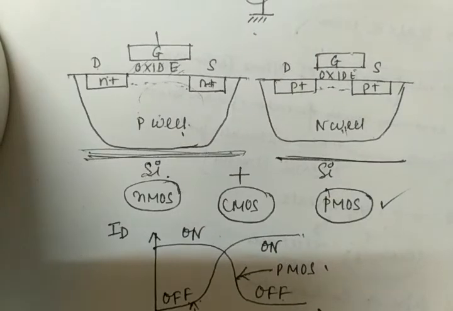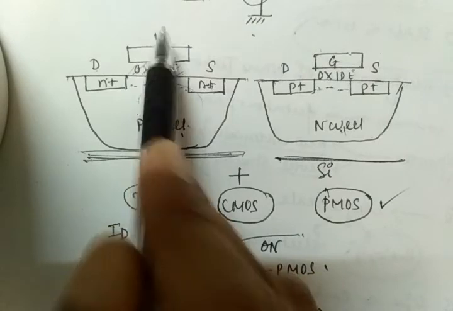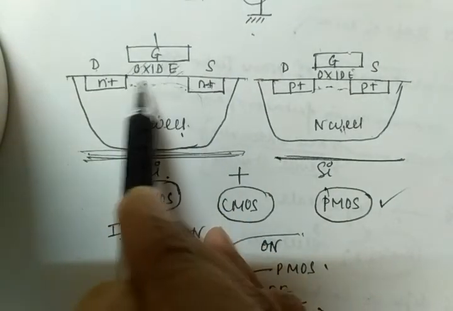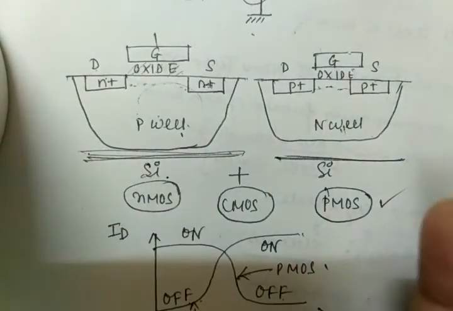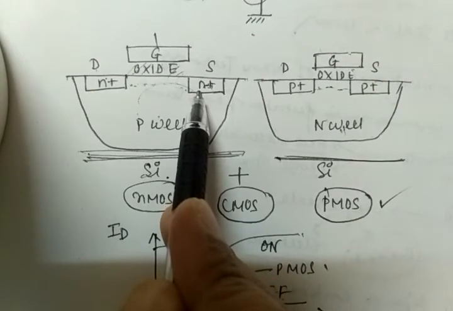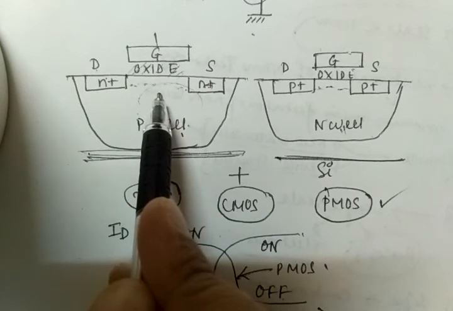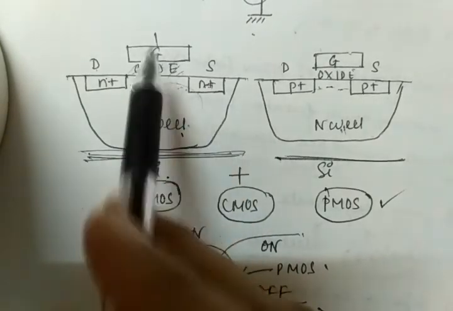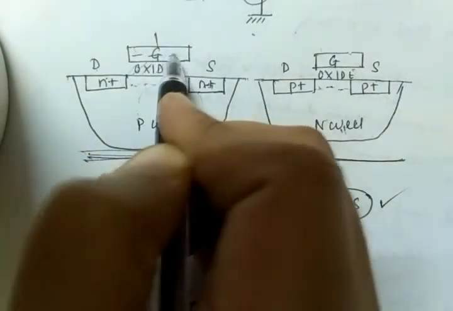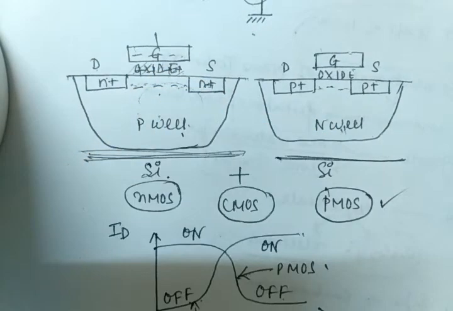Why? I am just explaining one point here. If we apply a negative voltage, just like a capacitive effect, this is positive, again negative, again positive. This does not happen because there is an N channel. You have to form the N channel, so you have to build electrons over there. But you are making holes, since this is positive. So this is not done. If you apply 1, that means positive, then due to the capacitive effect it will be negative here, positive here, and negative here.